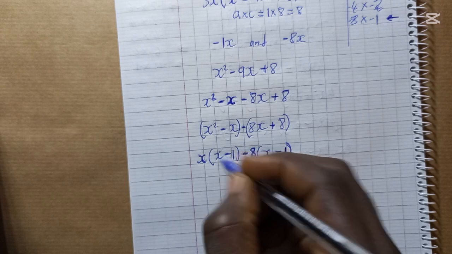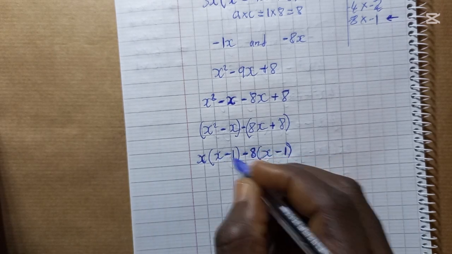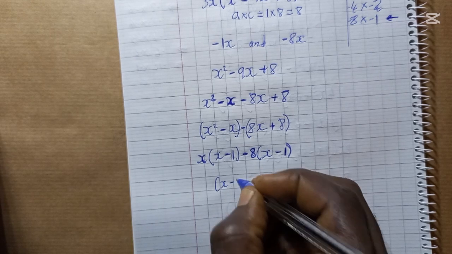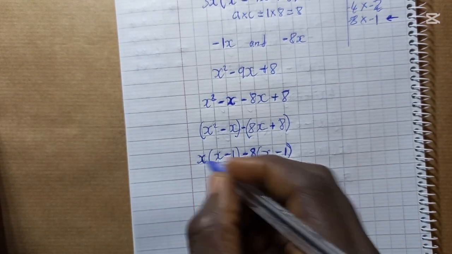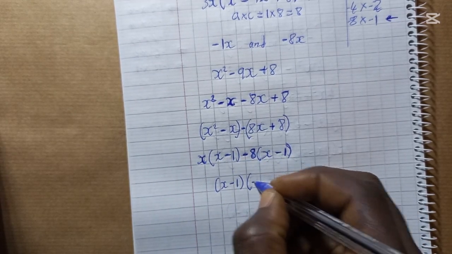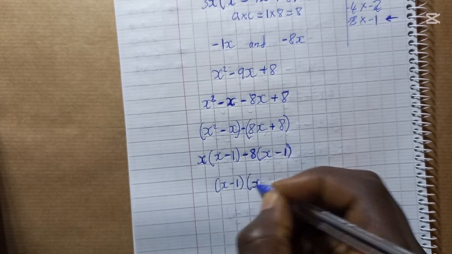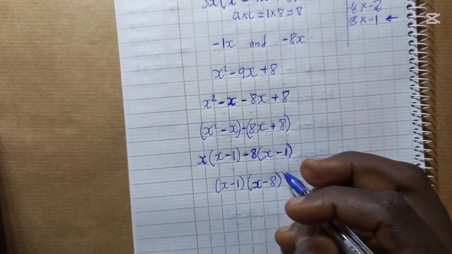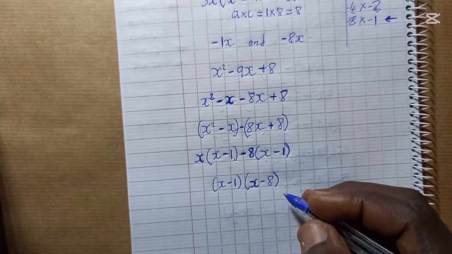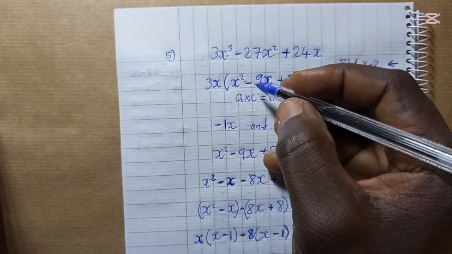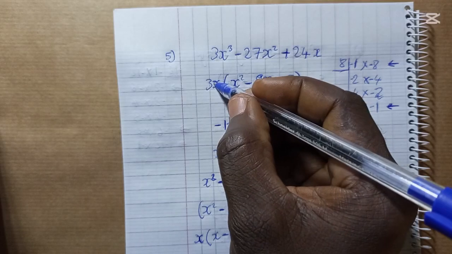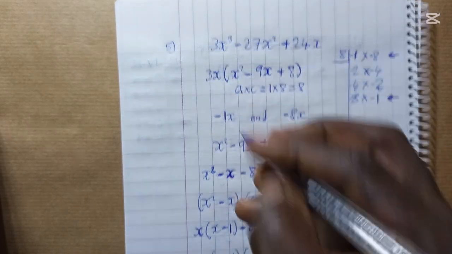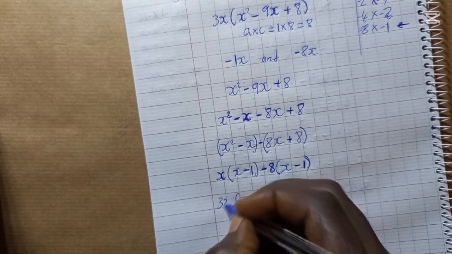These two brackets are now the same, so I'll take one of them, that is x minus 1, and this one, x minus 8. So these are the other two factors. Remember from the beginning when we factored out 3x, 3x is also one of the factors, so I'm going to bring it down here.